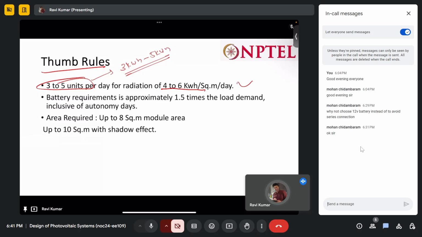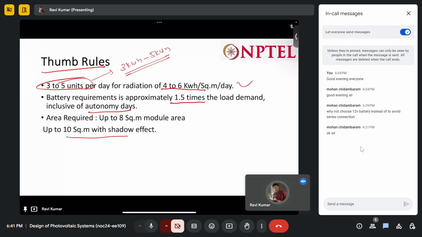Battery requirement should be approximately 1.5 times the load demand, inclusive of autonomy days. Area required should be up to 8 square meter of module area, up to 10 square meter with shadow effect. So these are the thumb rules. It is not important for us because we are doing the actual calculation. So this was all about the designing.